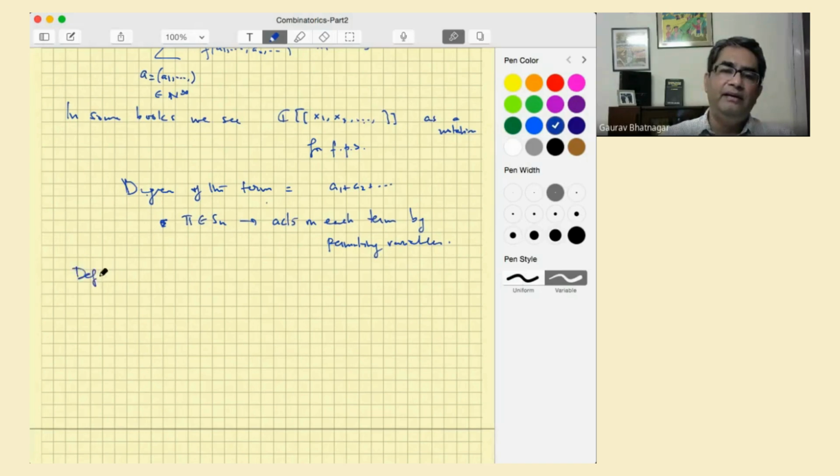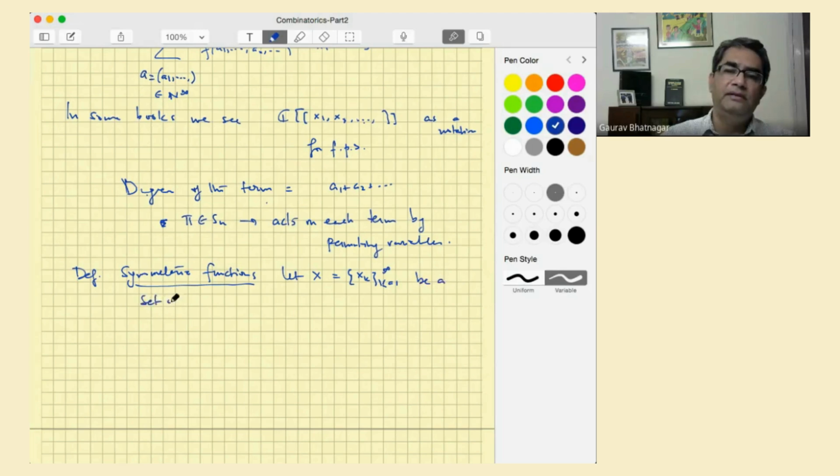And we define symmetric functions. Let x_k be a set of variables.